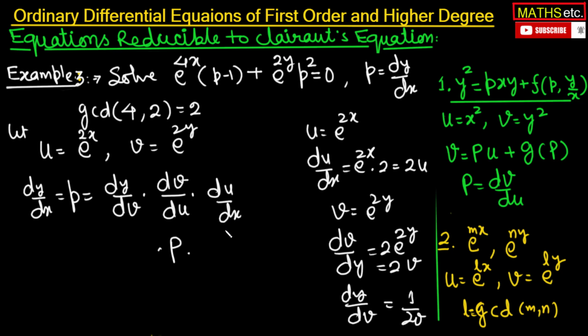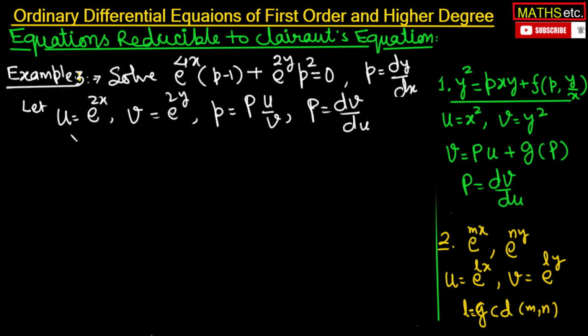So in place of du over dx, we will write 2u, and dy over dv is 1 over 2v. 2 and 2 cancel out. So our small p is equal to capital P u over v, where capital P stands for dv over du.